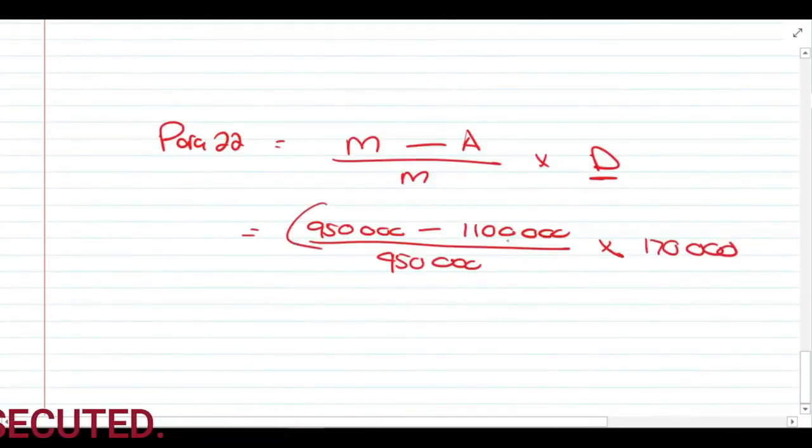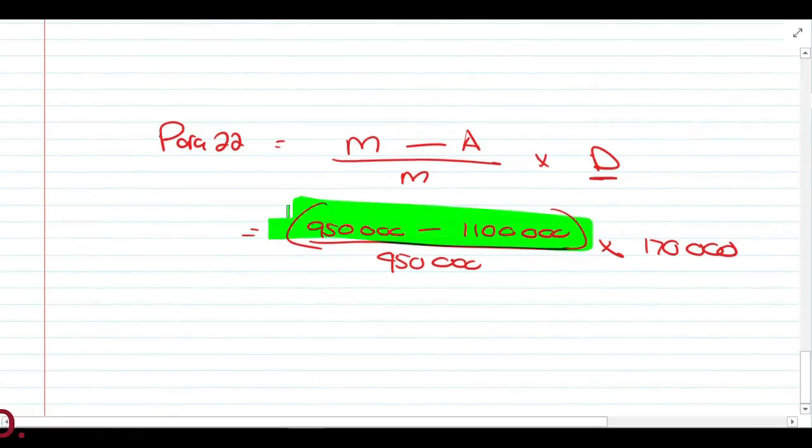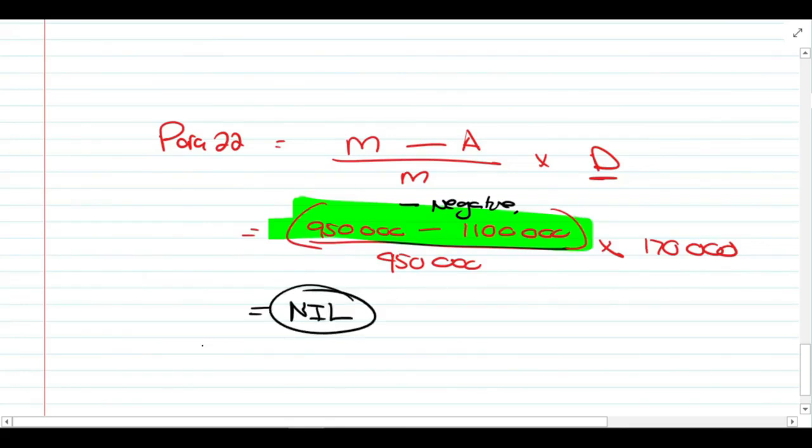Now, the fact that over here we say 950 minus 1.1, that creates a negative amount. If it is a negative amount, paragraph 22 is just considered null because of that negativity.